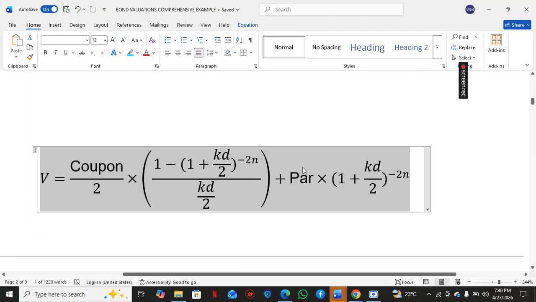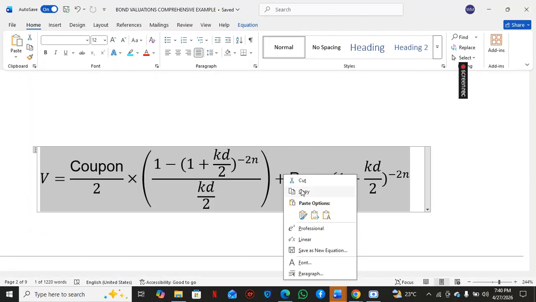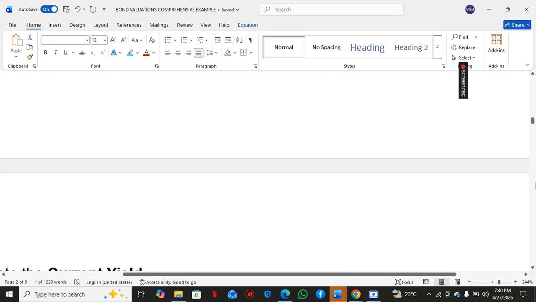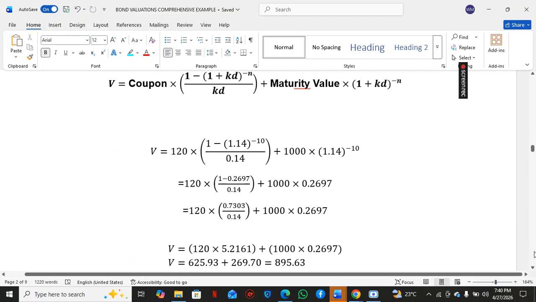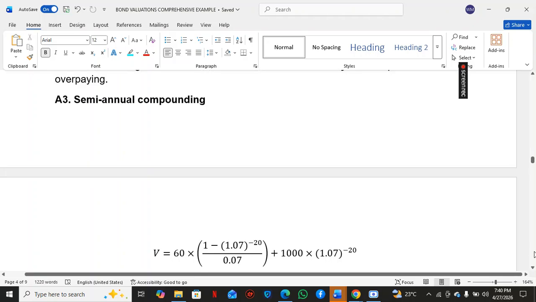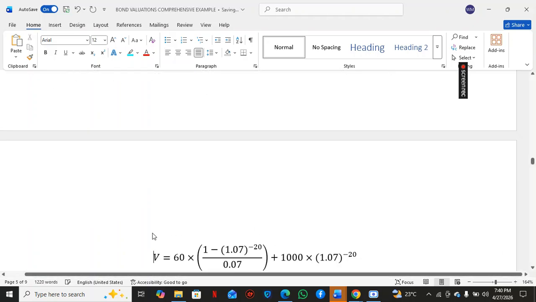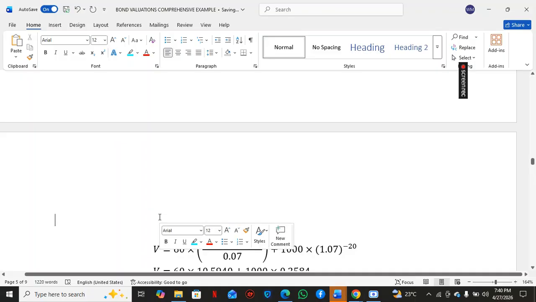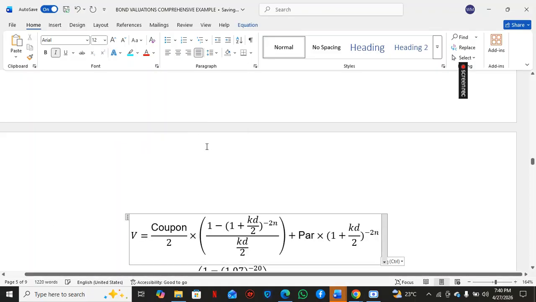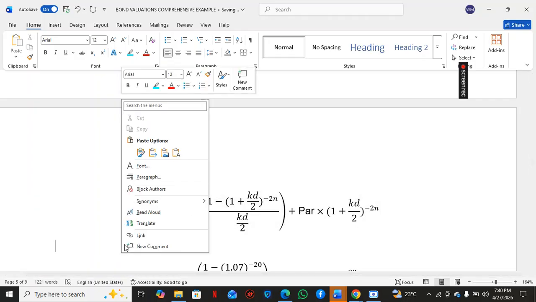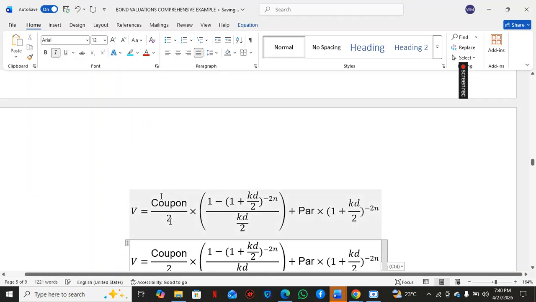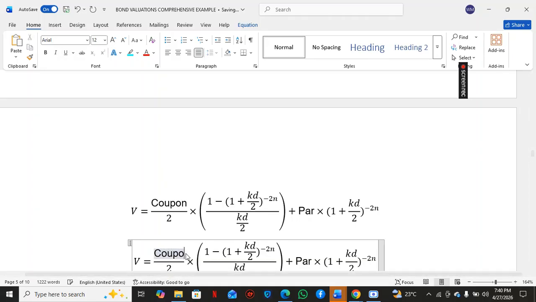So let me just put this side here on the solutions. Our coupon, remember, is 120.